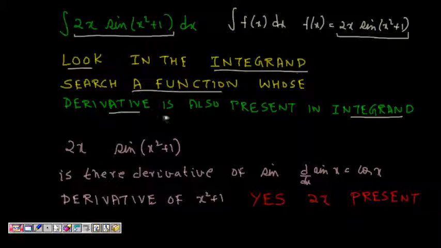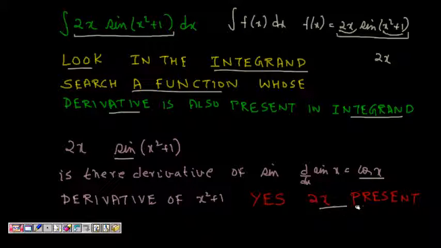If we take sine as the function, is its derivative present? Its derivative is cos x, but cos x is not there. Let's take another function, x² + 1. Its derivative is 2x, and we see that x² + 1 is present, and its derivative 2x is also present in the integrand.